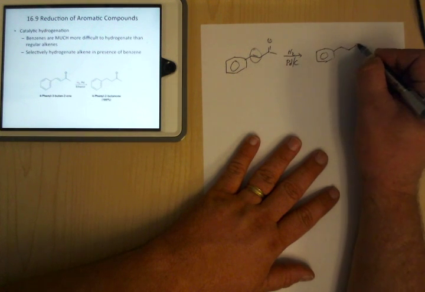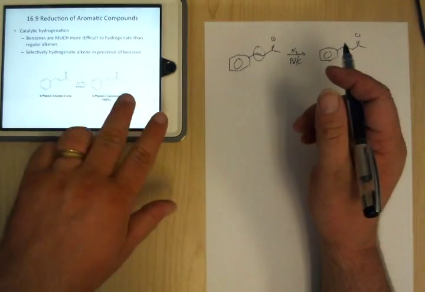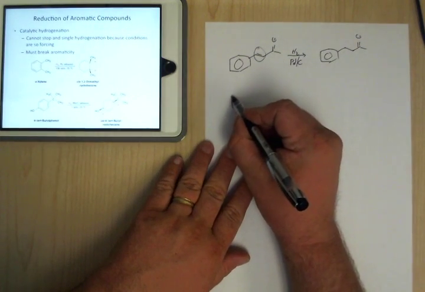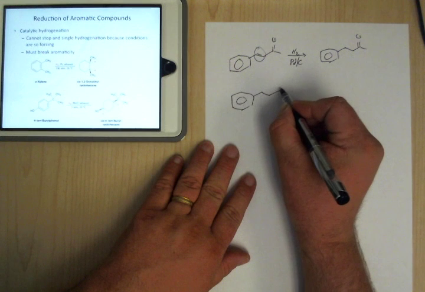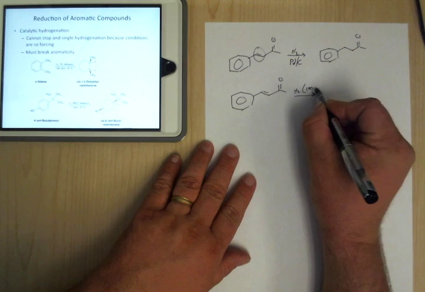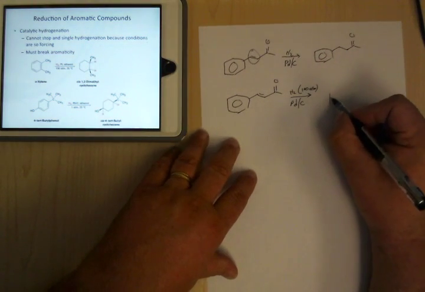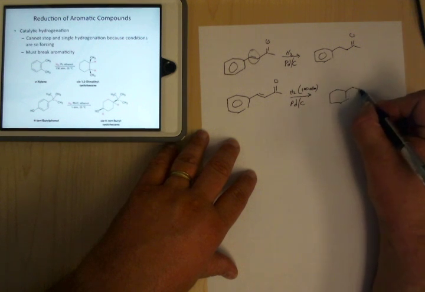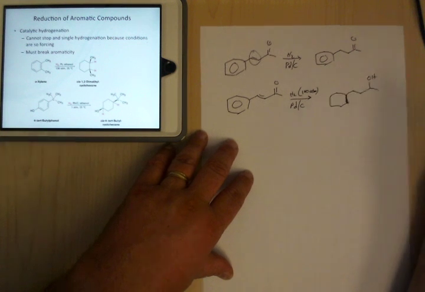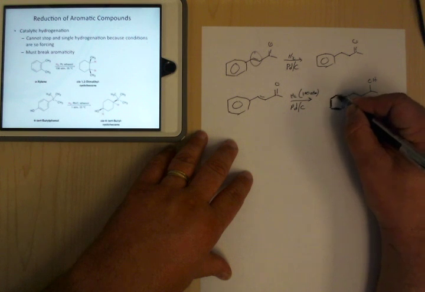Now, if you were to force it, you hit it with, say, H2 at 100 atmospheres, palladium and carbon. This is from last semester. You would reduce all the double bonds, so it would end up being like this. These are all just single bonds.